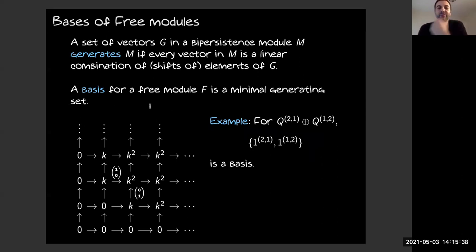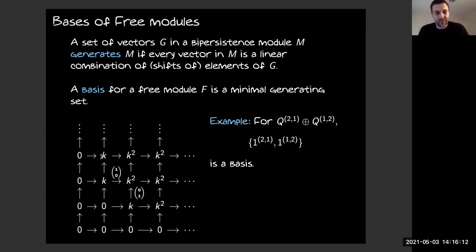Now, there's a nice notion of basis of free modules in this setting, which we'll need. Briefly, a basis is essentially a minimal generating set for these modules. And what is a generating set? We'll say that a set of vectors in the module, meaning vectors living at any of these indices, generates the module if any vector in any one of these vector spaces, say this one over here, is a linear combination of shifts of the elements in my set.